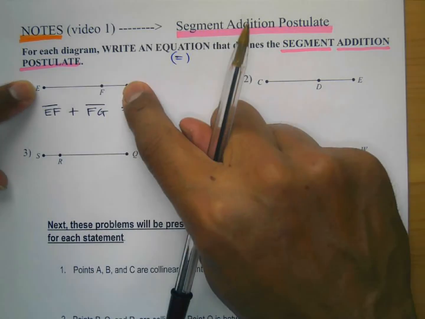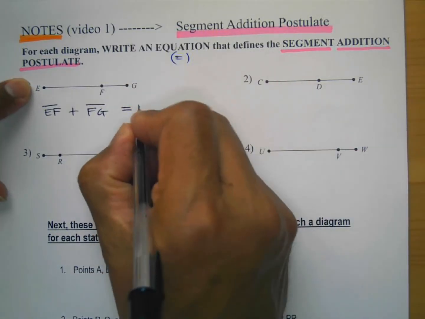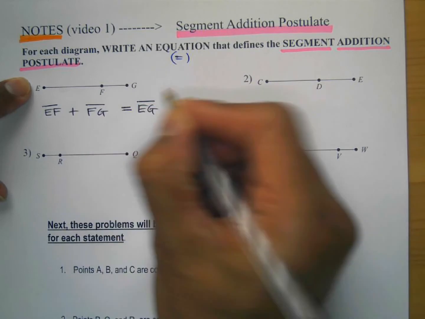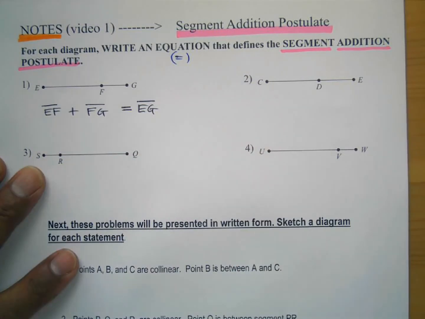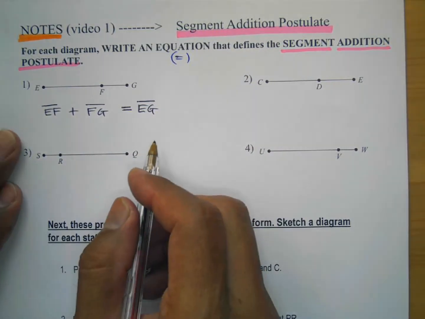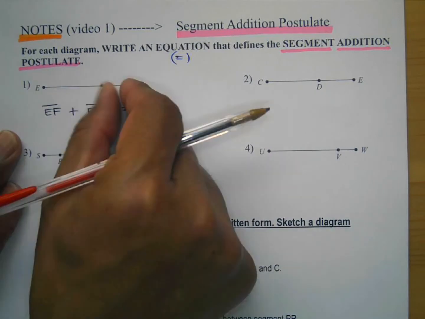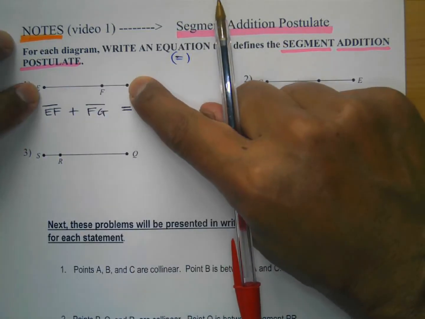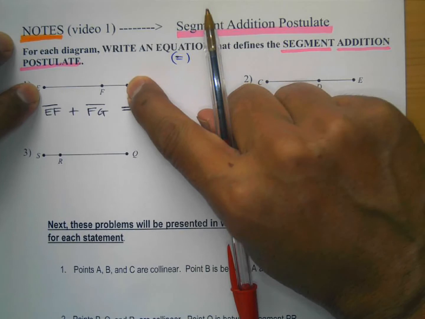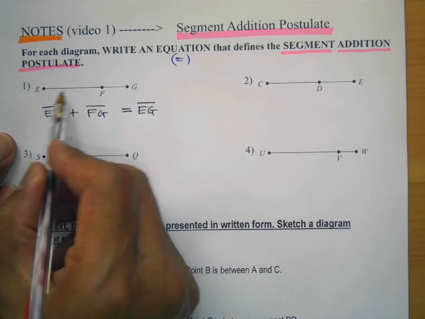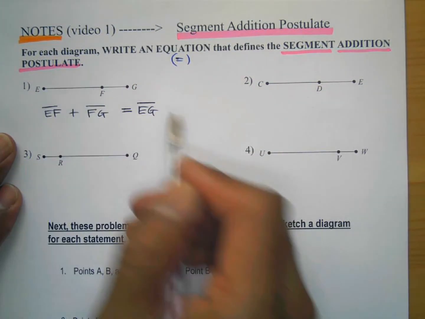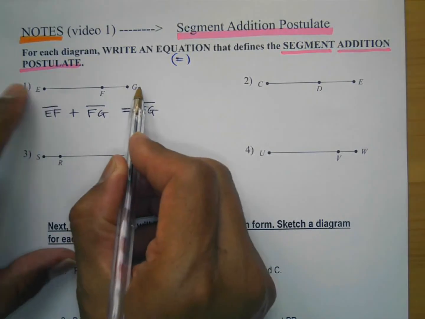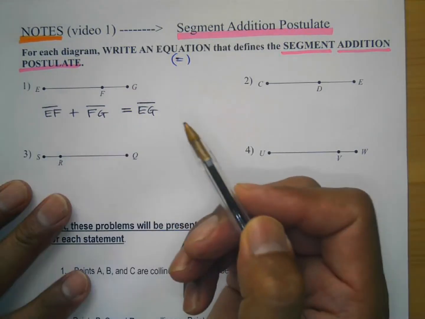It's an equation equal to what? EG. That is the geometry and the understanding. That this piece plus this piece adds up to make up the whole segment, right? This segment here, added with this segment here, is equal to the entire segment here.